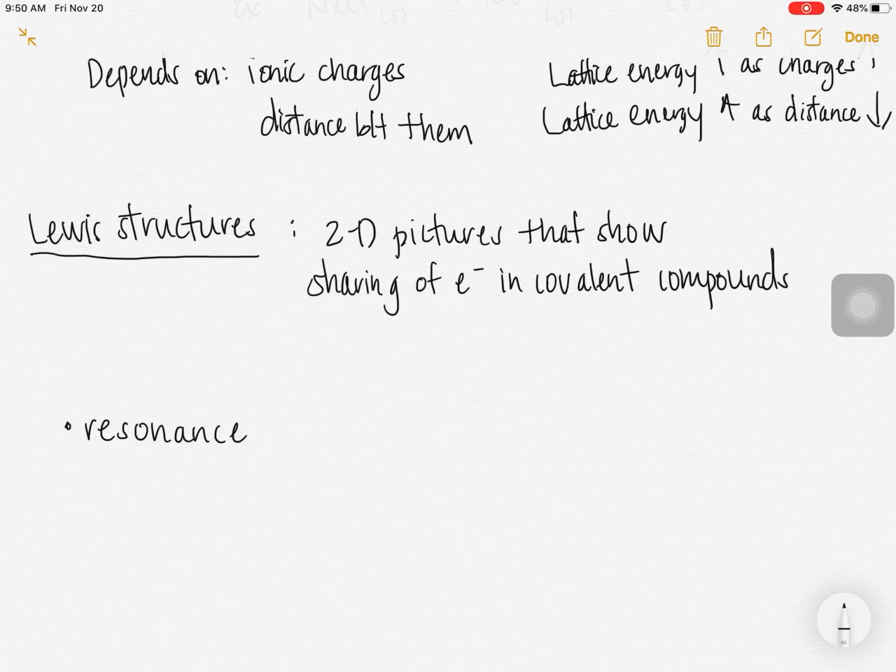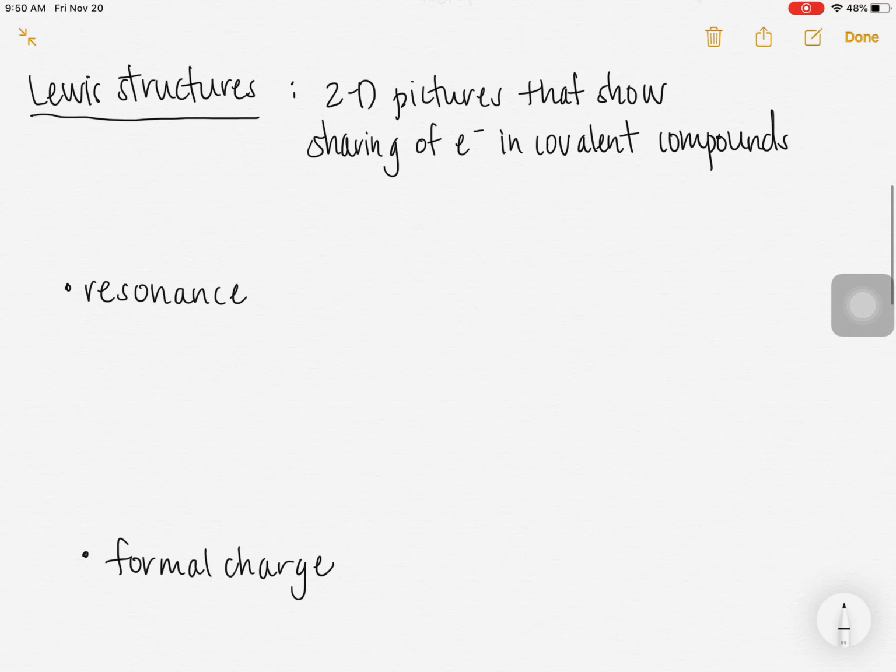I'm not going to go through the rules because I know you know how to draw a Lewis structure, but we know that there are lots of things that come under the umbrella of Lewis structures. One of them being resonance, which is where electrons can resonate back and forth, and that's because they're not stationary.